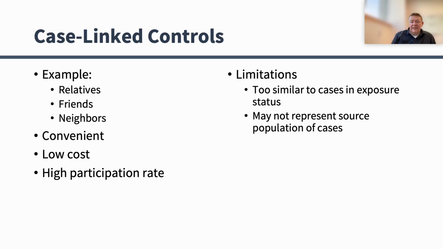Sometimes there are sibling studies or twin studies, a natural match between people for certain outcomes and exposures, but because they maybe grew up in the same household, they'll most likely have very similar exposures, so finding differences between them will be a challenge. Also, these people may not represent the source population of cases very well.